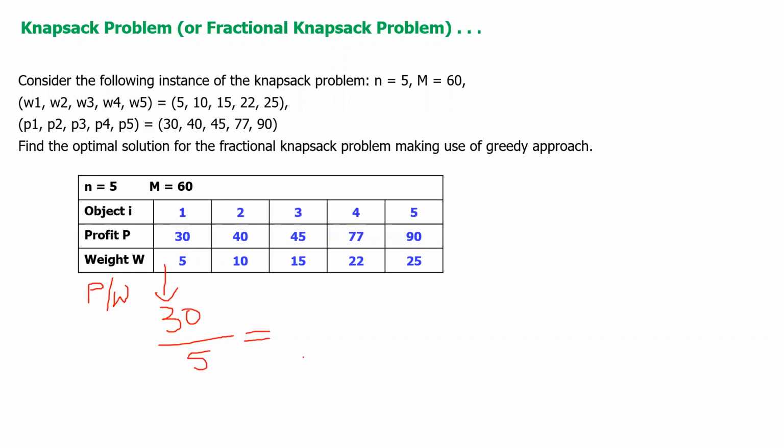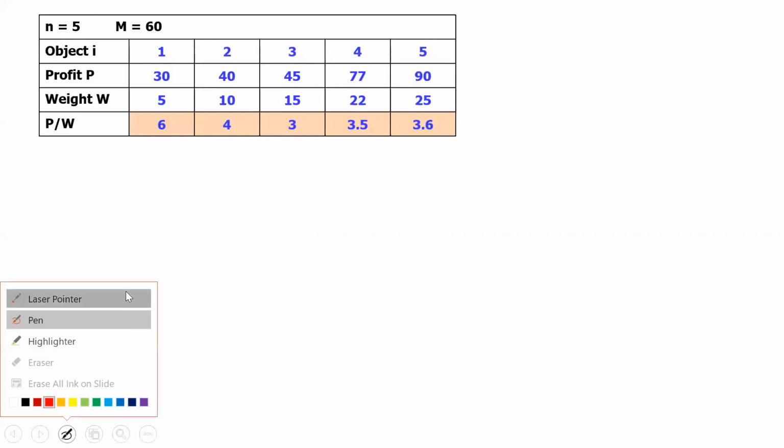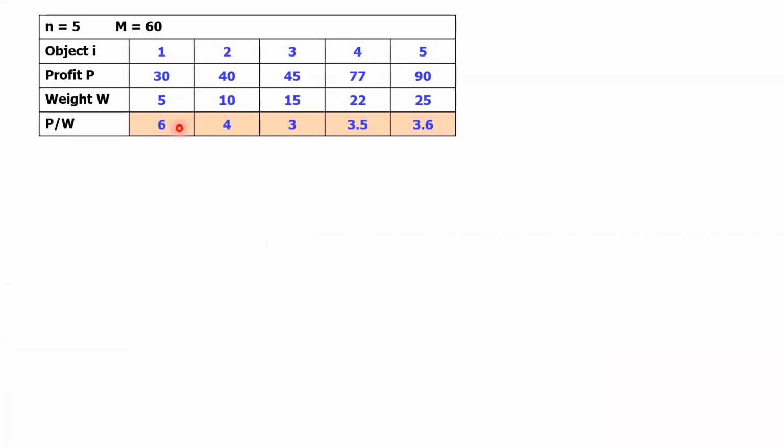Then for a single item, the profit will be 30 by 5, which is equal to 6. In the same way, you calculate the profit for object 2. 40 is the profit for 10 items. For a single item, the profit will be 40 by 10, which is equal to 4. As such, I have calculated the P by W values for all the 5 objects.